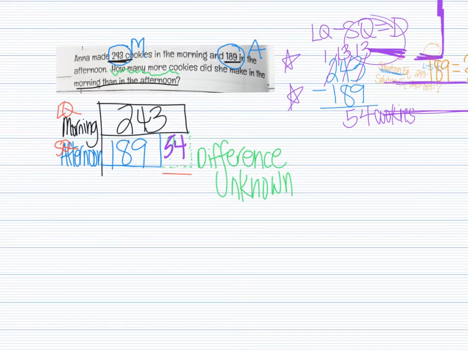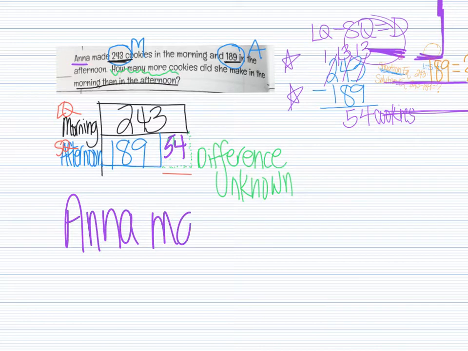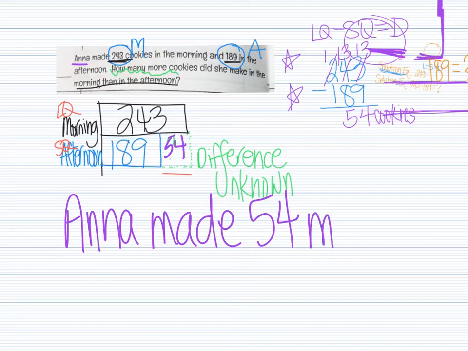So the last step to my problem, of course, is to answer in a complete sentence. So I'm going to go back to my word problem and make sure I use the same words that are in my word problem. So, Anna made, what did we find out? Good. 54 more what? Good. More cookies.